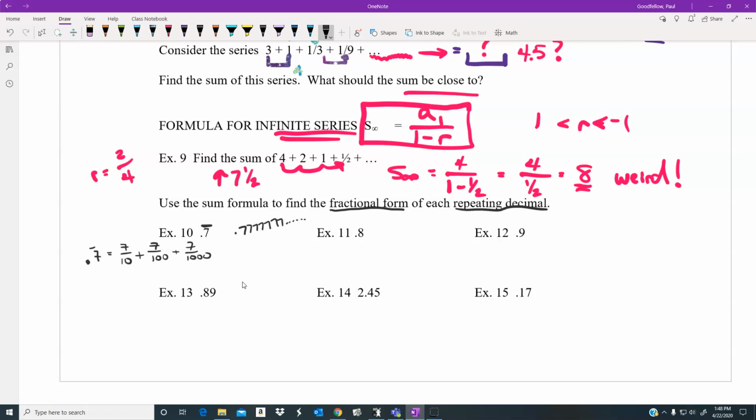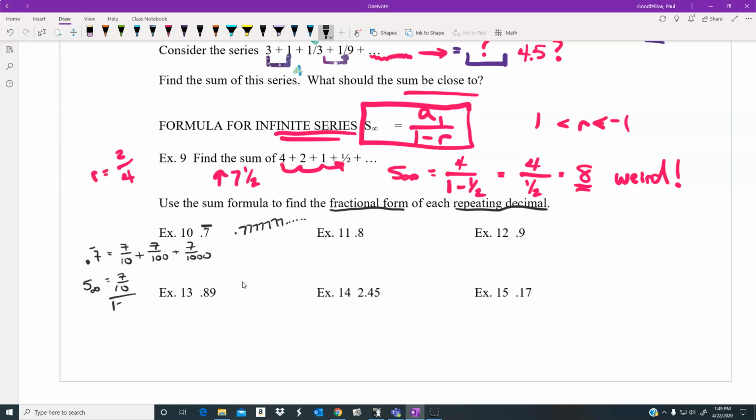Now, if I thought about using this particular formula, I could write it as, what would the sum of this infinite sequence series be? Well, it would definitely be the first term of the sequence, which is 7/10ths, and then it would be divided by 1 minus the rate. Now, that 1 minus the rate is where we're going to basically talk about where this comes from. And what would that rate be?